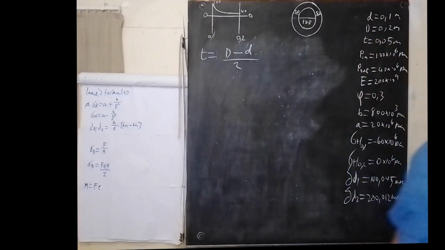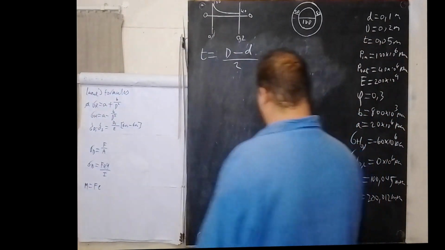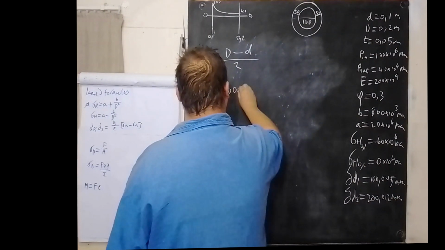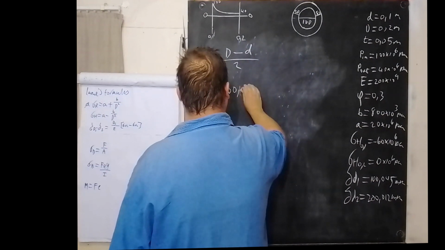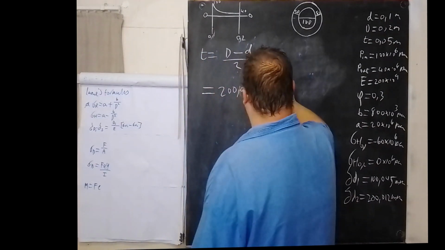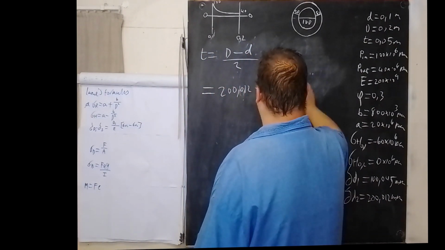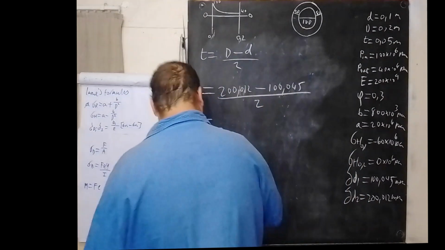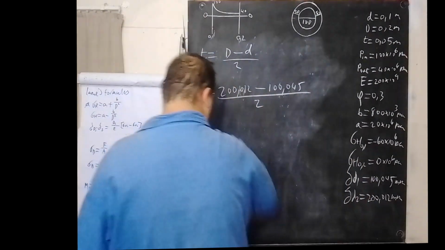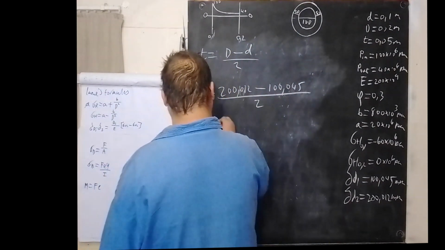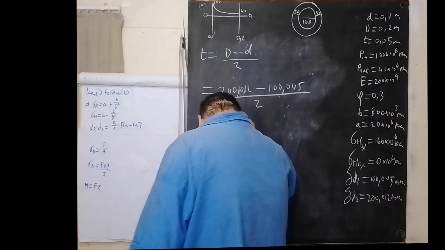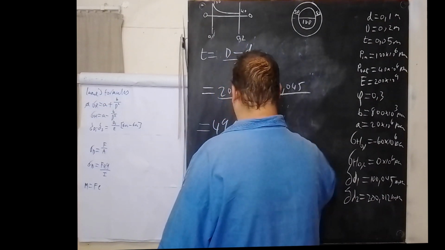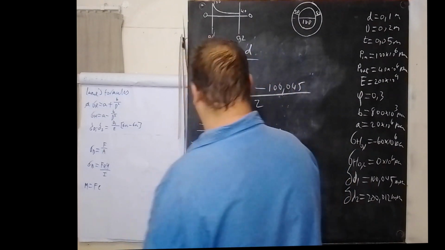So 200,012 minus 100,045 all over 2. This equals exactly 49,983.5 millimeters. That is our final thickness.